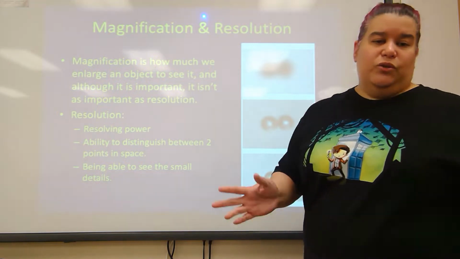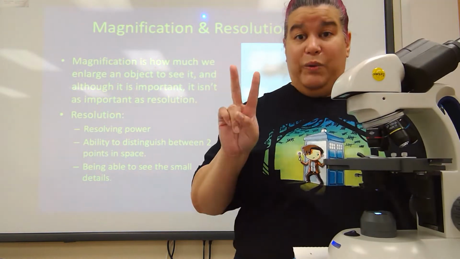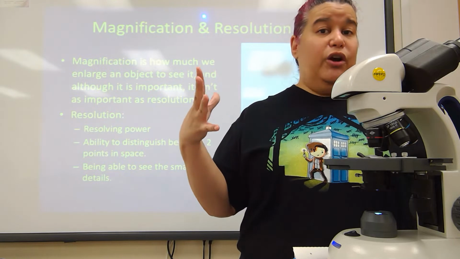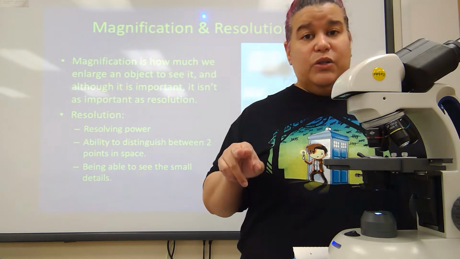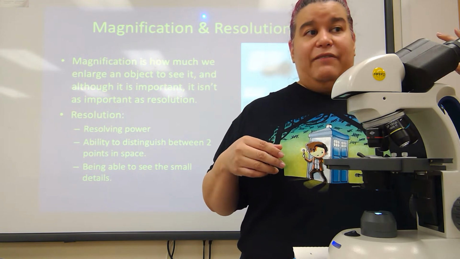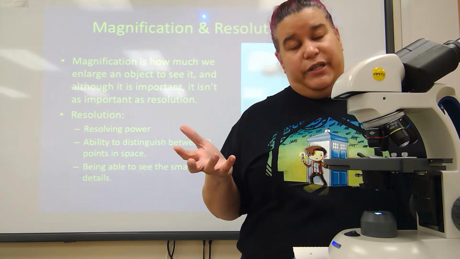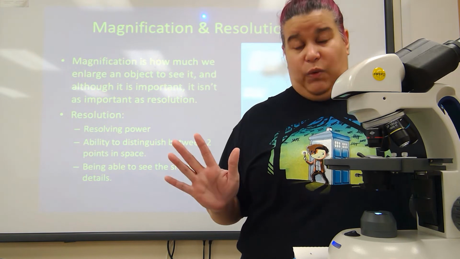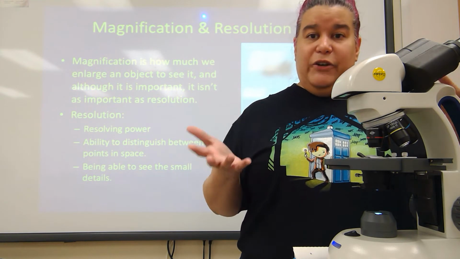When it comes to a microscope, we want both. We want the ability to make the image enlarged, and we also want the ability to see the details. Having resolution but no magnification doesn't work. Having magnification but no resolution also doesn't work. So there's balance.